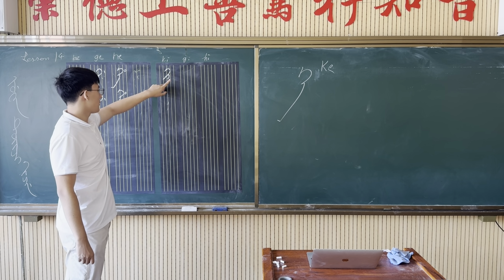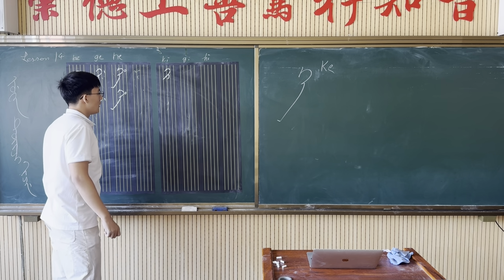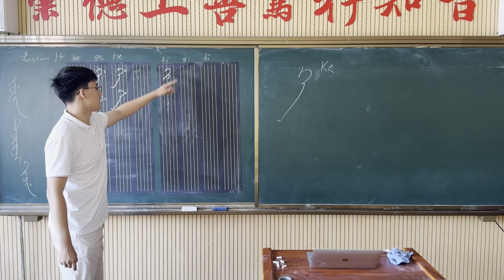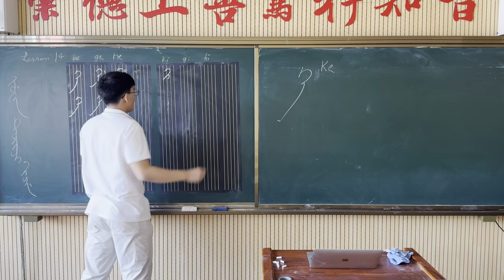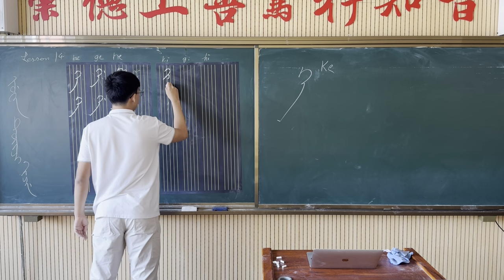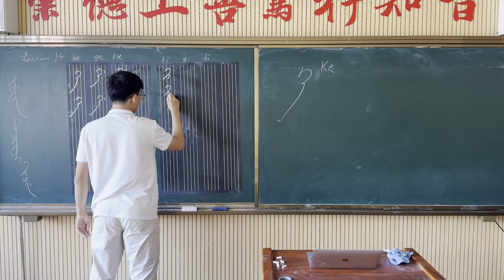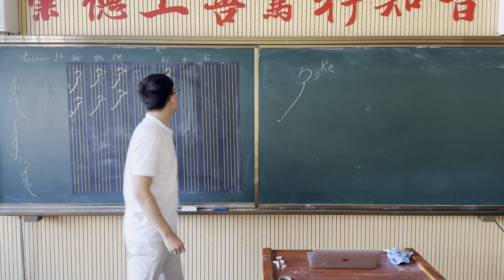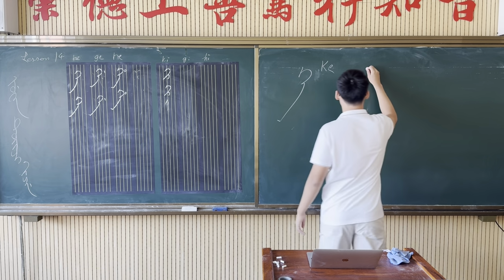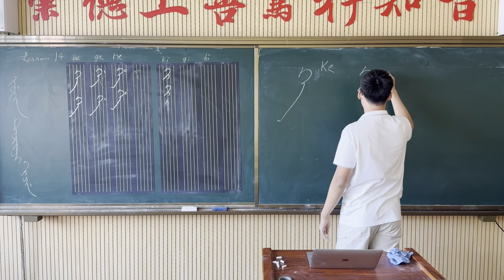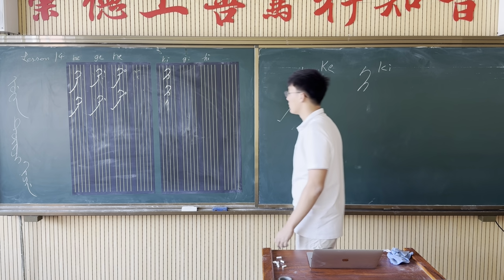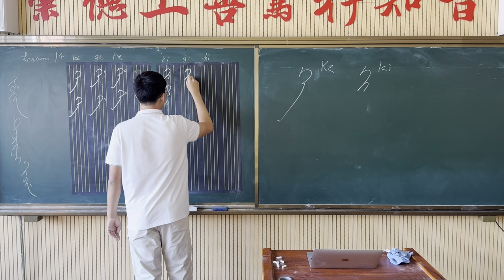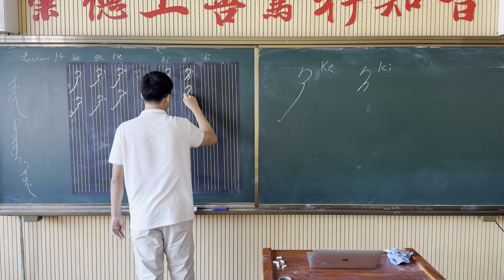And then you want to make sure that the horizontal distance of this curve is half of this semicircle, or else the letter will look disfigured. Ki. I'll write it here. Ki. Now, ki and he, they follow the same rule, right? Ki has a dot and he has a circle.